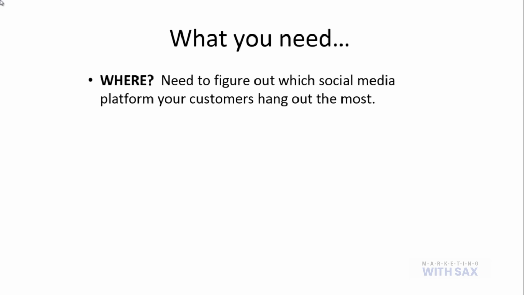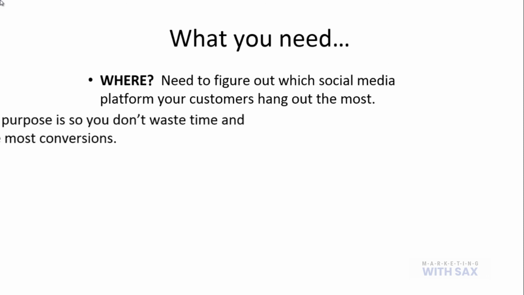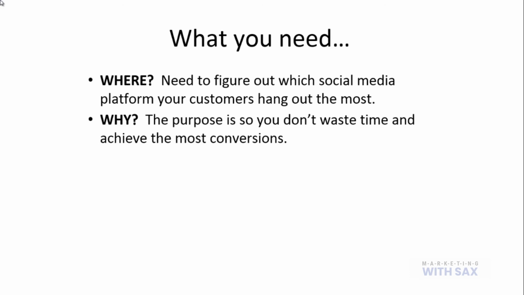So instead of trying to reinvent the wheel, you are simply figuring out from the standpoint of what is working for your competition already, who have most likely already paved the way. So based on that, you can figure out where your customers are hanging out. Makes sense? Okay, so why? The purpose is so you don't waste time and you achieve the most conversions.